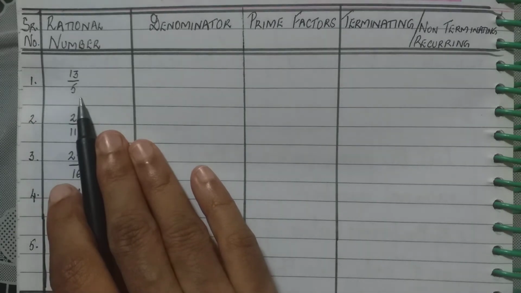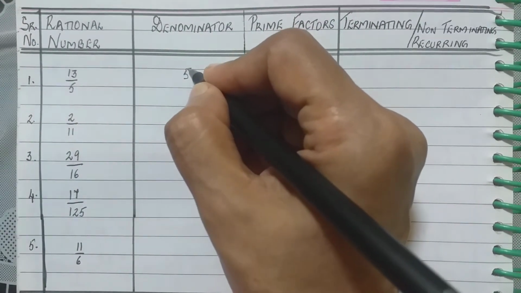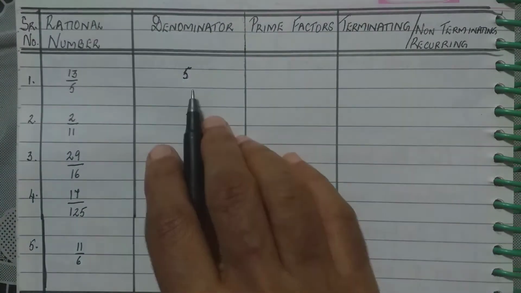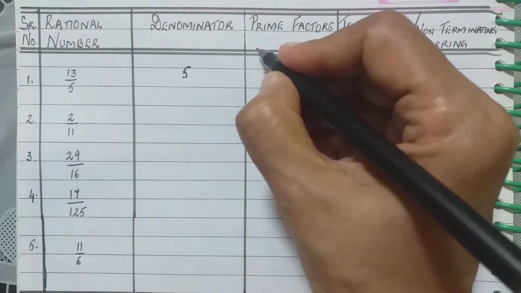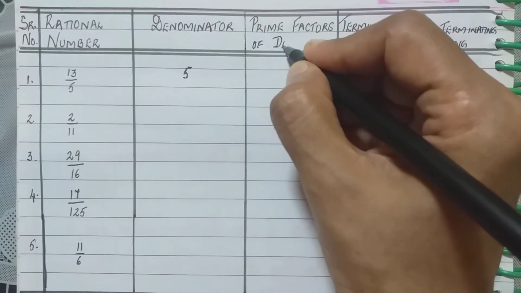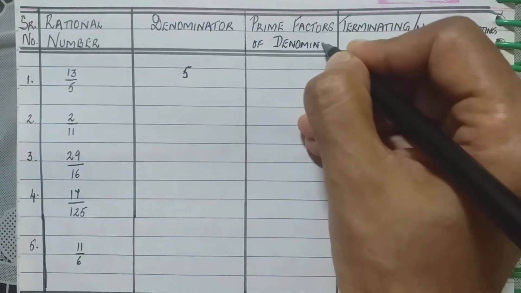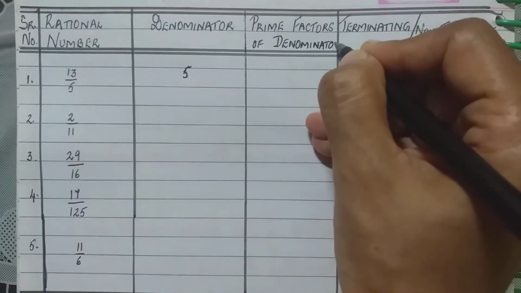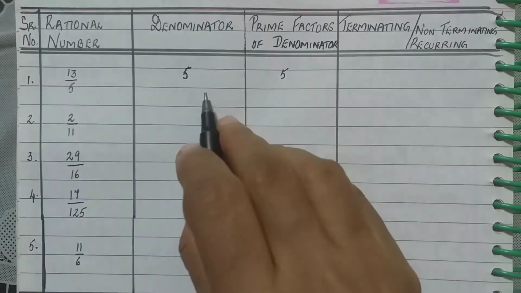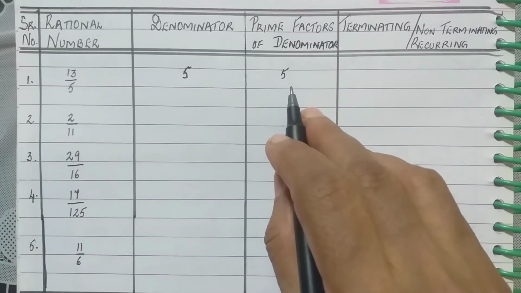Now the denominator here is 5. The prime factors of this denominator will be just 5, because factors of 5 are 1 and 5, but 1 is not a prime number, so 5 is the prime factor.